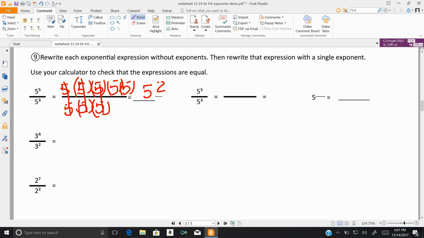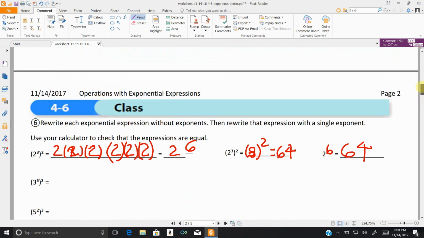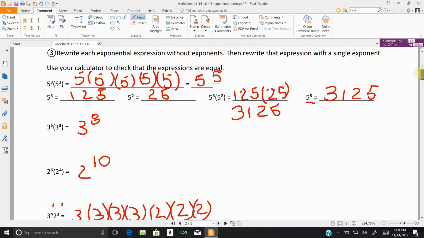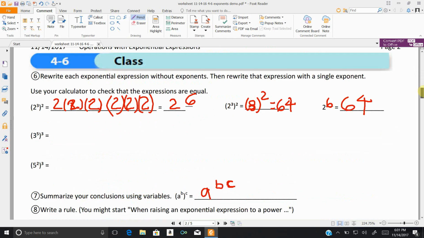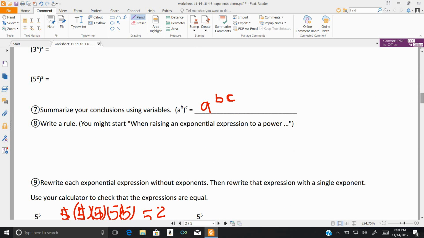And if we look at this, 5 to the 5th power was 3,125.